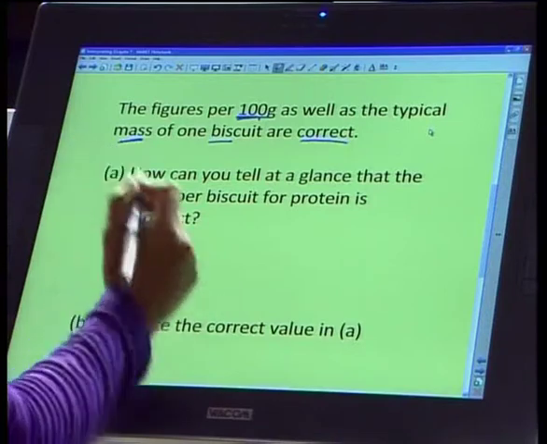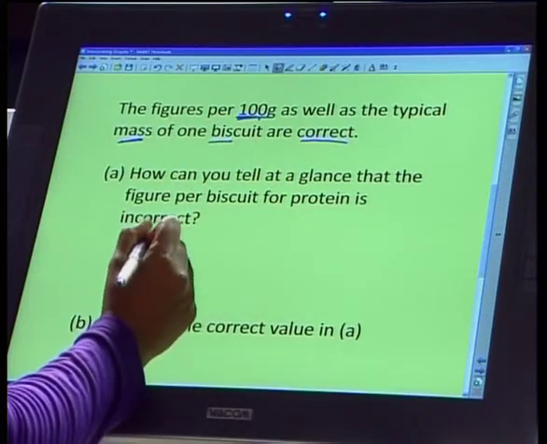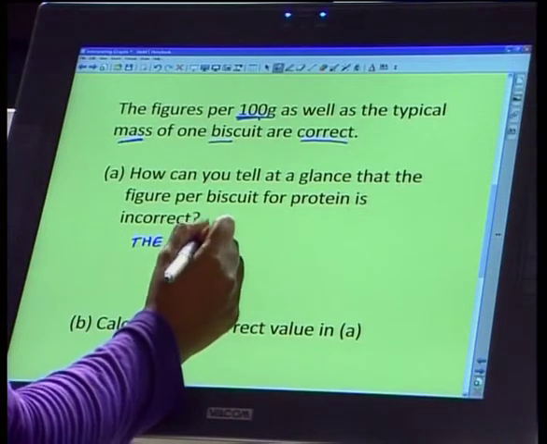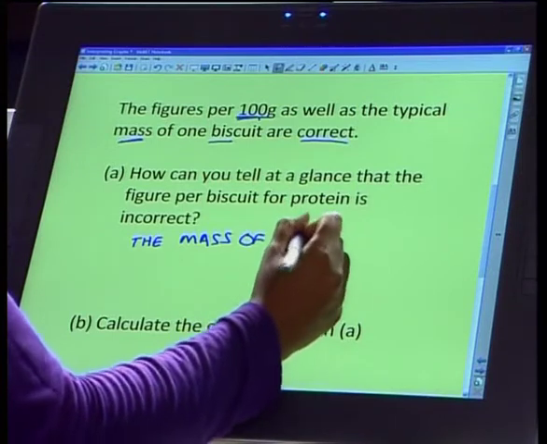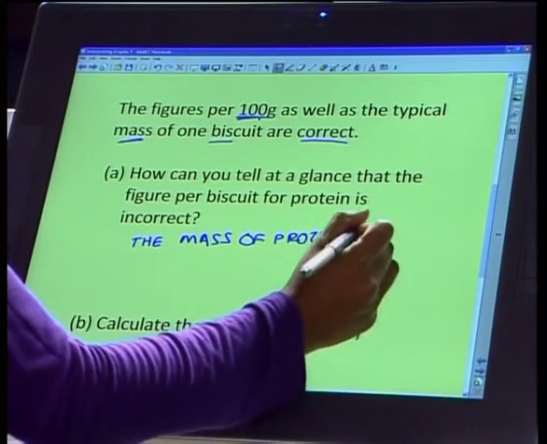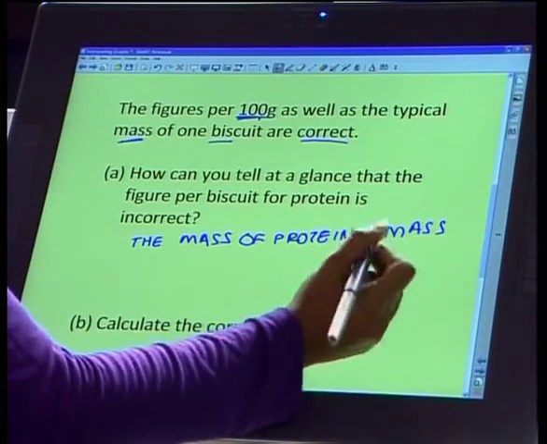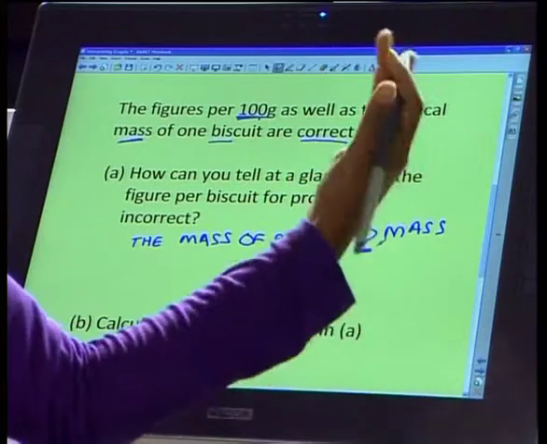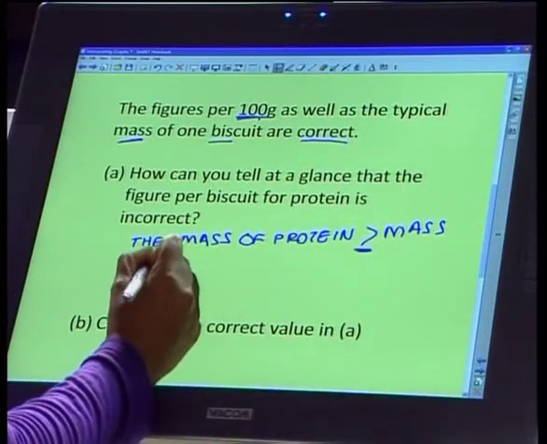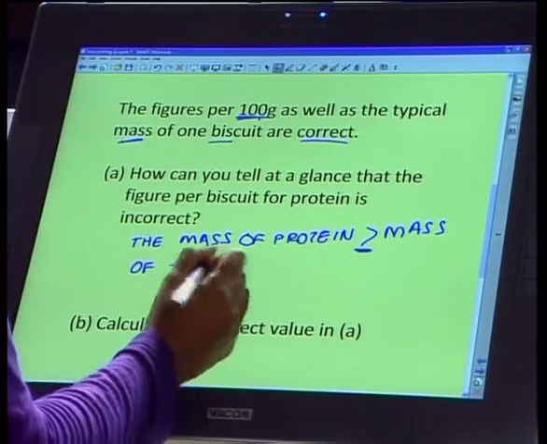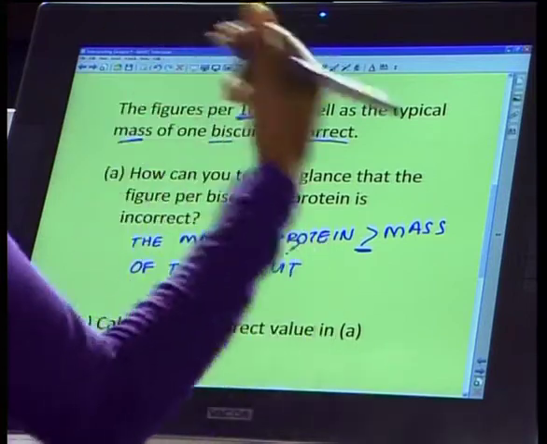So at a glance, we can tell that the figure is incorrect, since the mass of protein is greater than the mass, or you can write this out obviously as is greater than, I'm just putting it in symbol form, is greater than the mass of the individual biscuit. Alright, so that's a glaring and obvious mistake.